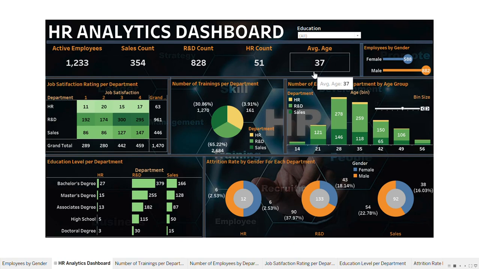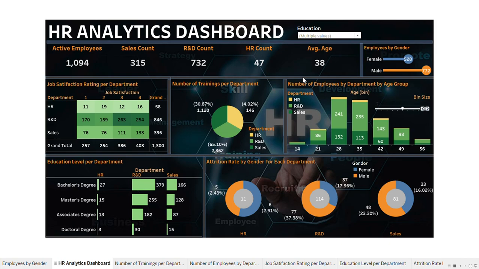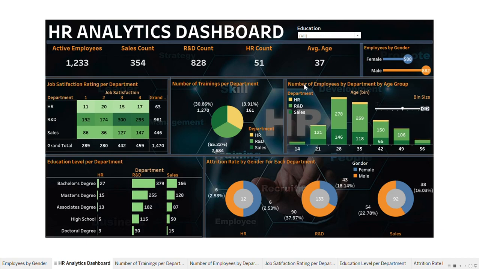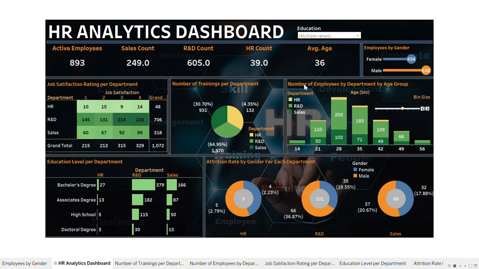Then you can also, in this upper part here, maybe you want to visualize the employees per department, but you want to exclude maybe the master's students, or maybe the high school students. You want to visualize only those who are not in high school. So you'll be able to choose maybe high school level. You don't want to include them.